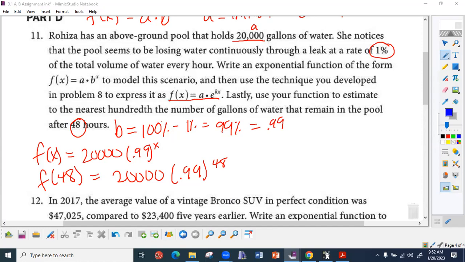For the sake of you seeing how College Board wants it, I'm going to write what they said for you to write in the calculator. Are you ready, guys? This is fun. Here we go. It says 20,000, then they want you to have it times e to the x natural log of 0.99. So what is the point when you could just plug it into the exponential?